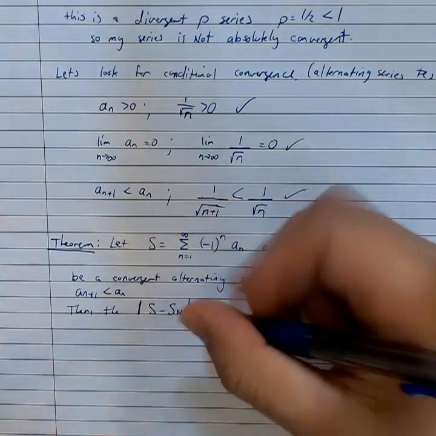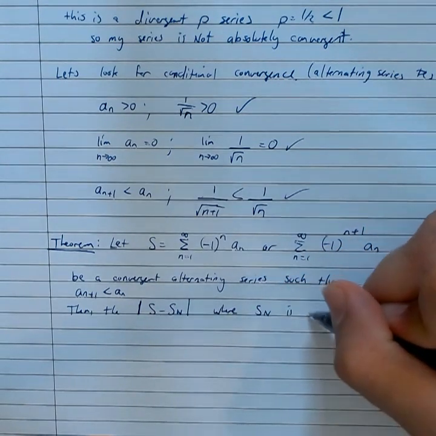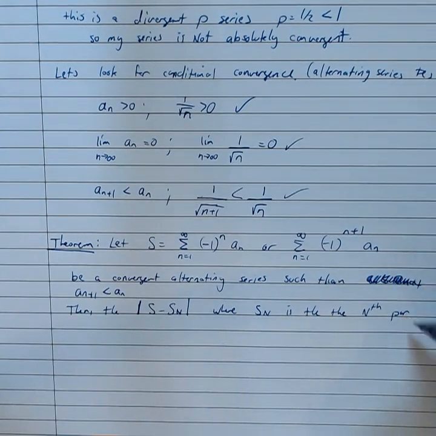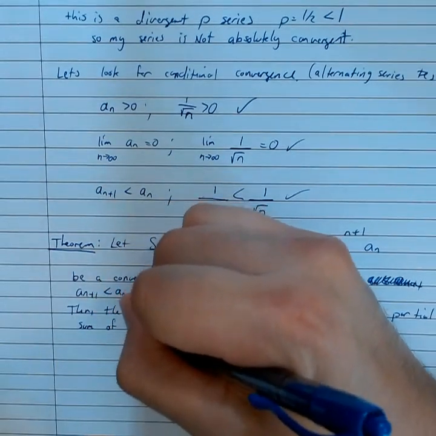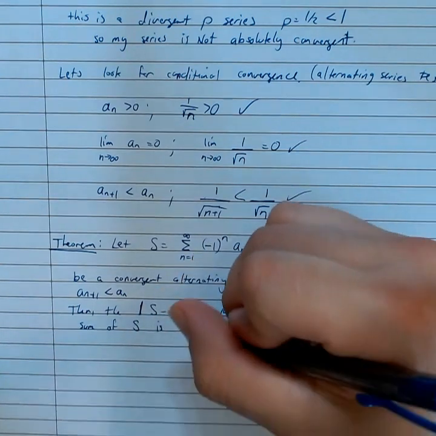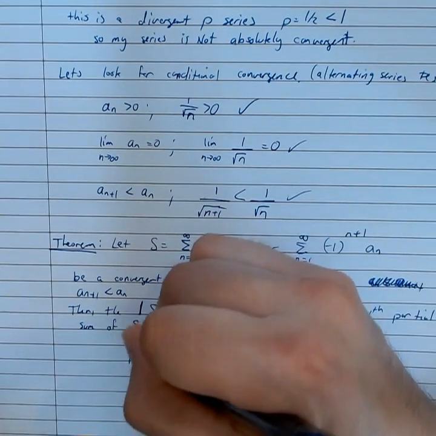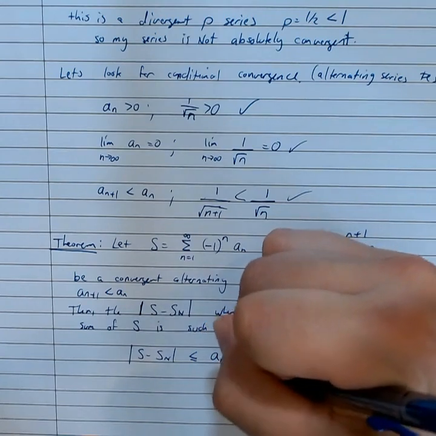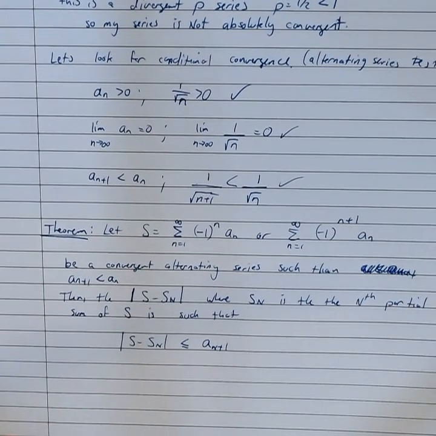Let's just start it this way, where s sub n is the nth partial sum of s, is such that the absolute value of s minus s sub n is less than or equal to a sub n plus 1. Okay? That might sound a little strange, but if we dissect it, it actually says something very, very simple.